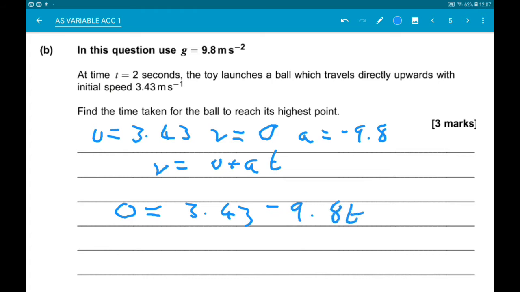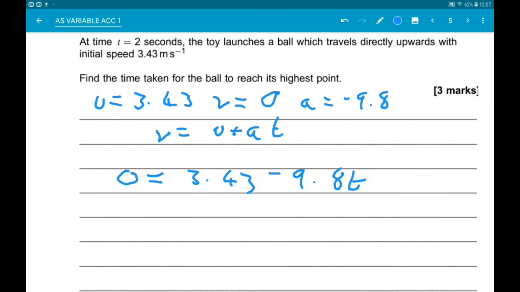From that we can add 9.8 t, divide by 9.8, and we will get t is 0.35 seconds.